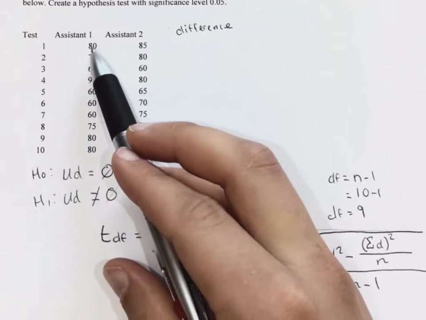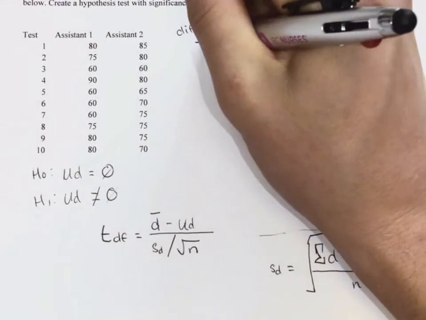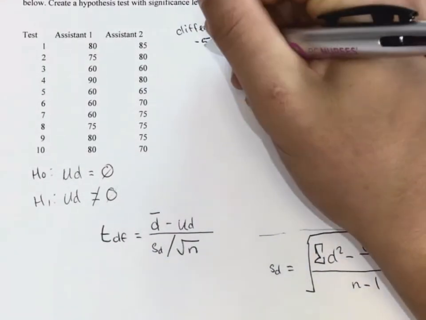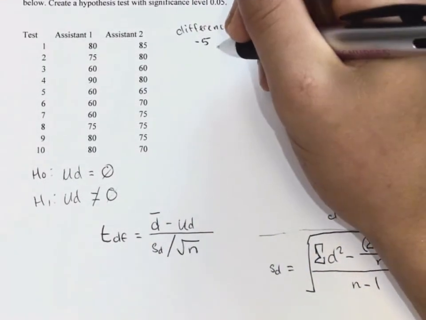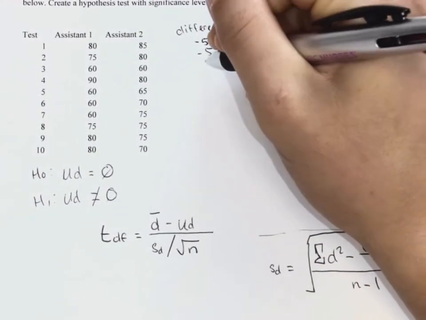To do so, we subtract assistant 1's amounts from assistant 2's amounts. So 75 minus 80 is minus 5.